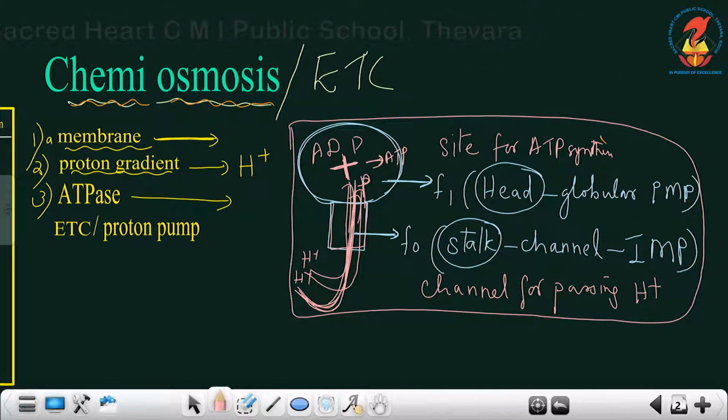So once again, ATPase comprises two parts, a globular head which is indicated in green and a stalk. The globular head is the F1 particle and the stalk is the F0 particle. Both are proteins. The F1 is a peripheral protein, whereas F0 is an integral protein.